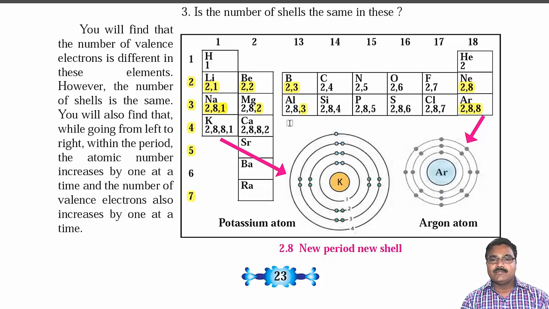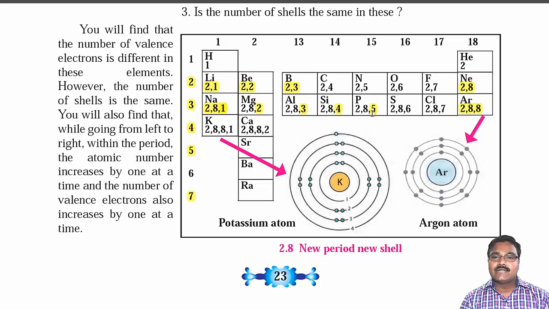In aluminium it can donate 3 electrons, while silicon can donate 4 electrons as well as it can receive 4 electrons, and therefore it has valency 4.